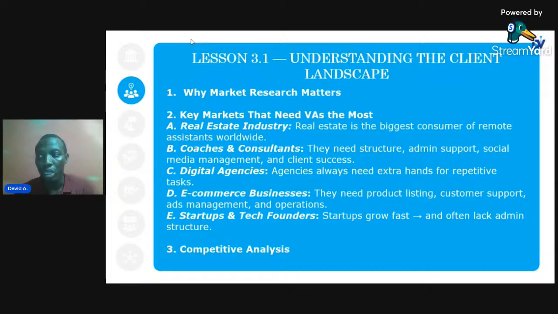Another reason why we do market research is because you need to understand the operational pain points. You need to understand what in their operation is causing them pain. You also need to do your market research properly so that you'll be able to tailor messaging to each niche and each customer or prospect based on their pain points.